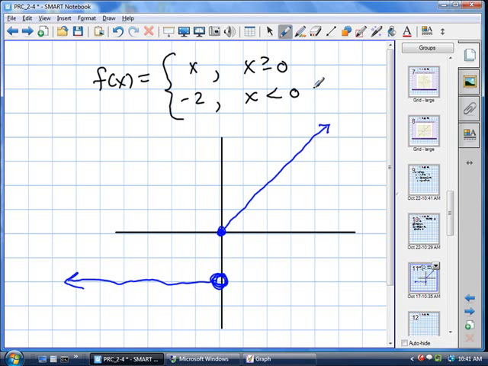Okay, let's go to 9 through 28. Go ahead and do these on a graphing utility. Notice they say be sure to use an appropriate viewing window. In other words, if you hit the graph button and you don't see anything, you don't have an appropriate viewing window.